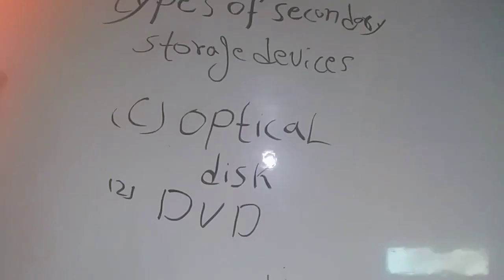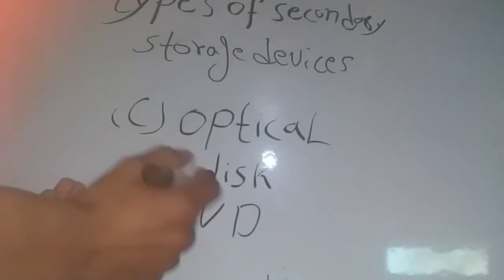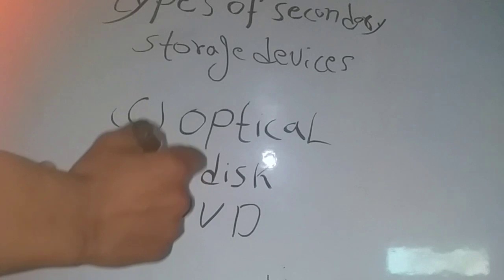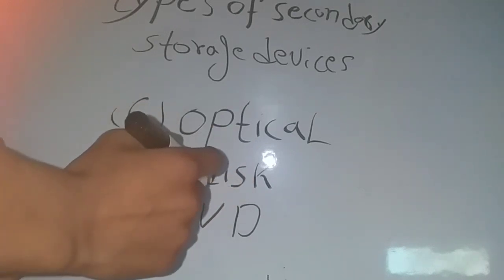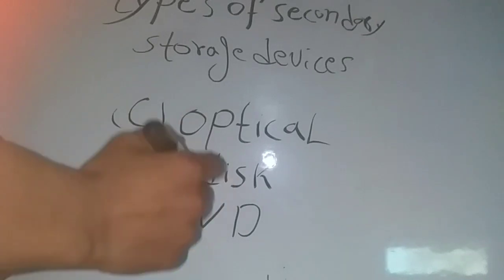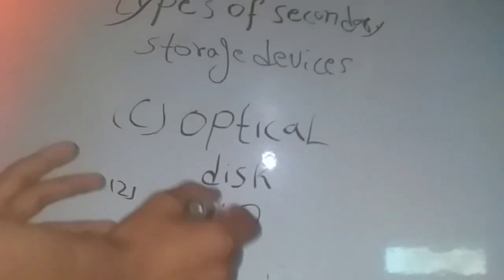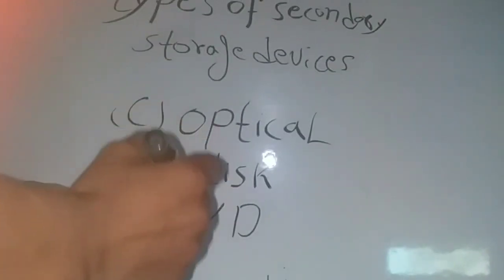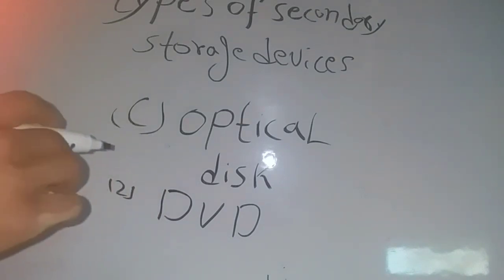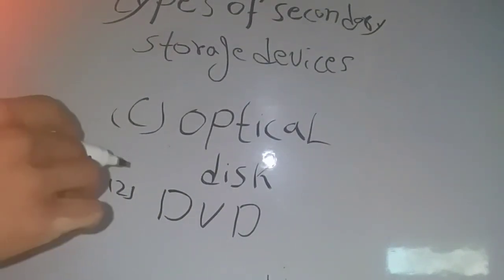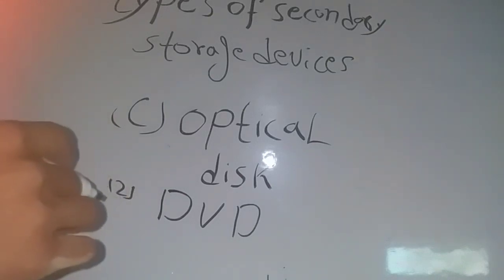The second type of optical disk, DVD, digital versatile disk. DVD is an optical disk technology with 4 to 16 gigabytes of storage for video, audio, or other information. DVDs can be single or double sided and have two layers on each side.